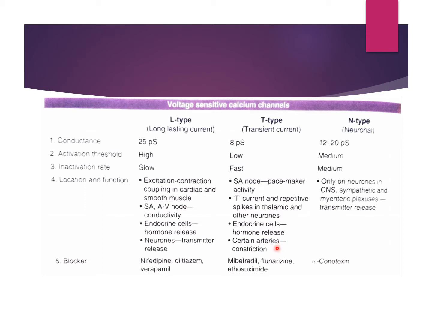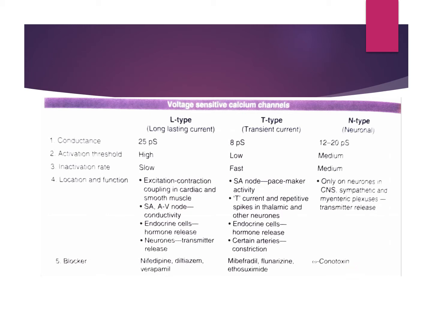The specific blockers of T-type calcium channels are mibefradil, flunarizine and ethosuximide. Coming to the N-type, they are present only in neurons in the CNS, in the sympathetic and myenteric plexus. They mainly lead to transmitter release. The specific blocker is ziconotide.